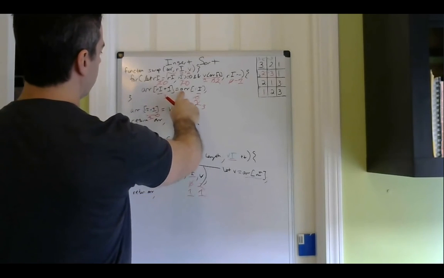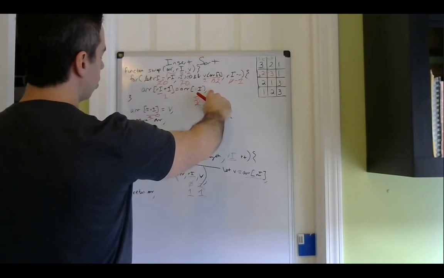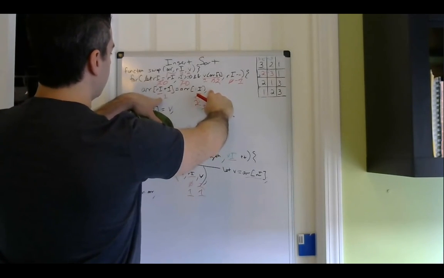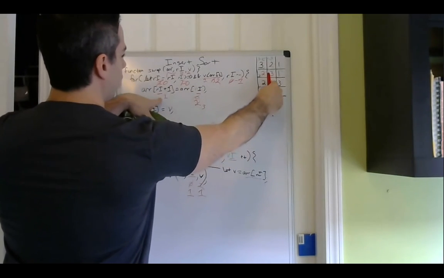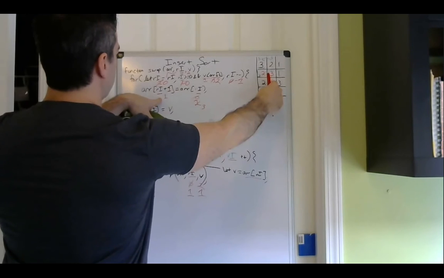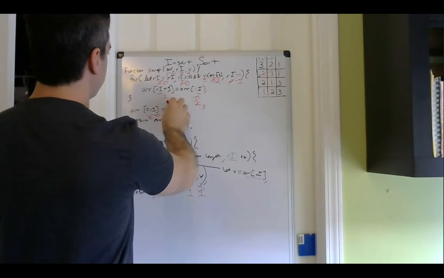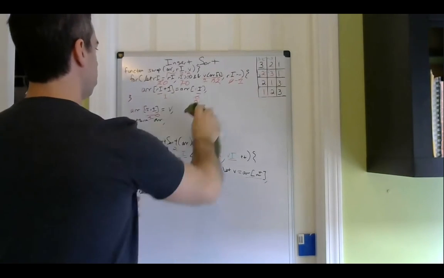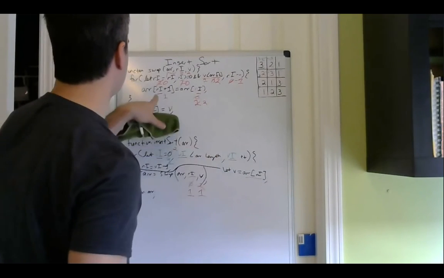Array of right index is 0, gets assigned what's in array of 1. What's in array of 1? 1. Oops, that's not quite right. It should be 2.